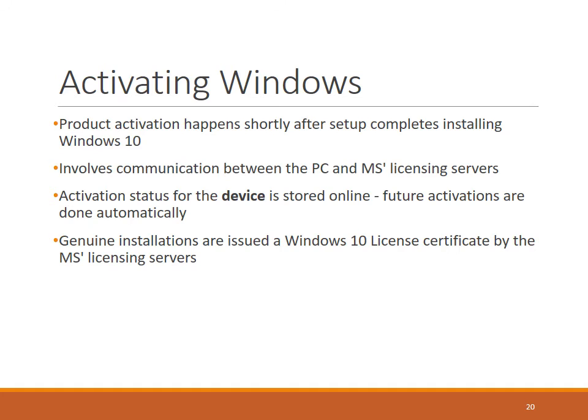So even if you don't have an OEM system, you can still activate without needing to put the product key in again. That's one of the advantages of Windows 10 over previous operating systems. If you lose the license, you still can activate your system if you need to reinstall.